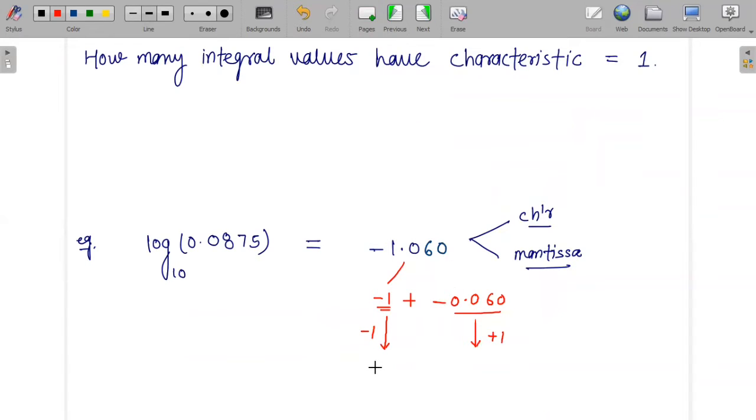If I add and subtract 1, then I can write negative 1.060 as negative 2 plus 0.940. By doing that, the mantissa will come in the range, and there we go. Our characteristic is negative 2 and the mantissa is 0.940.